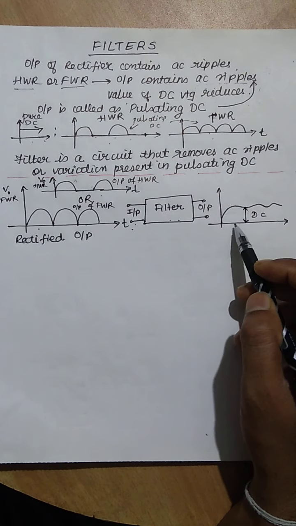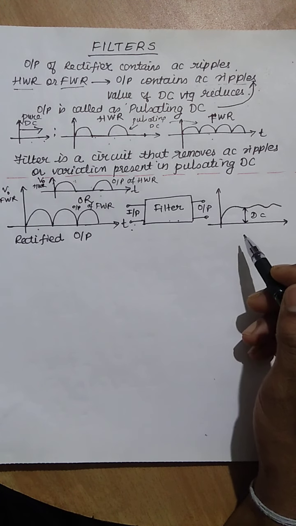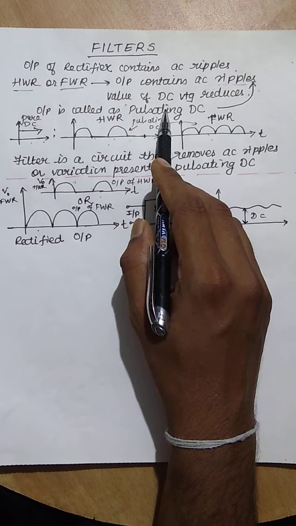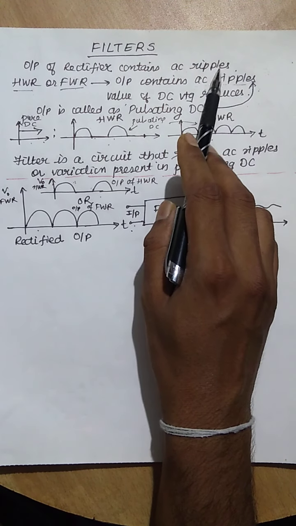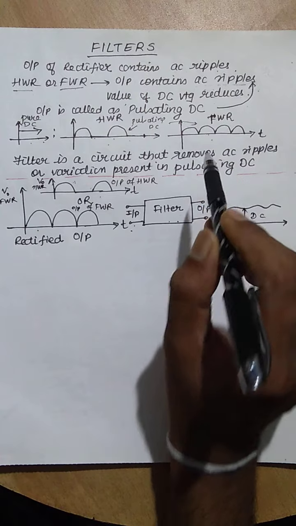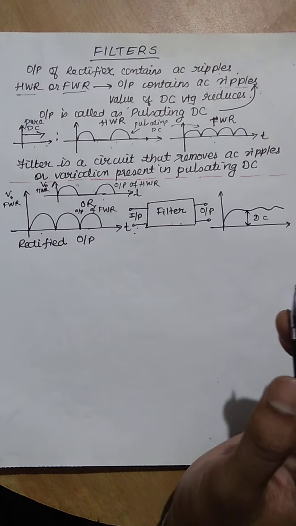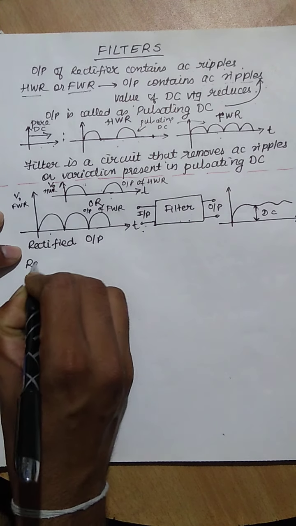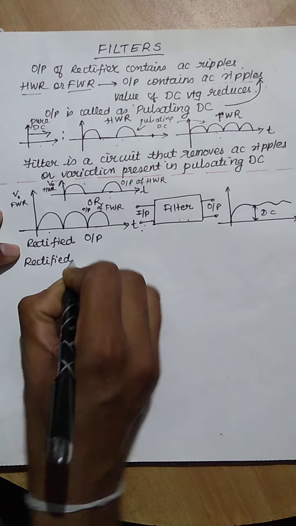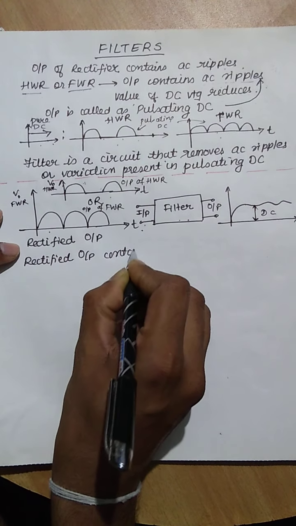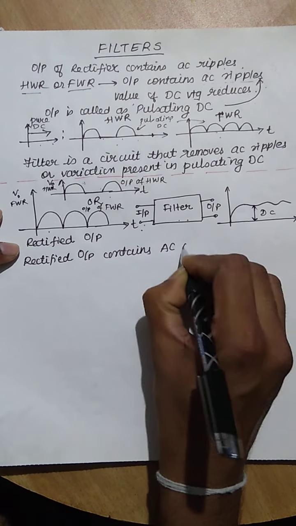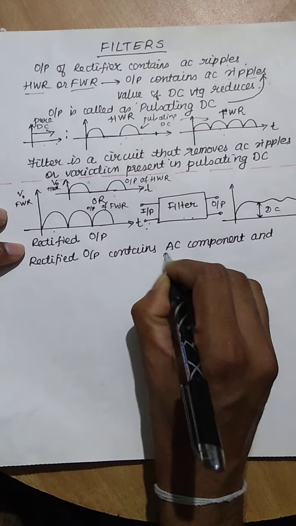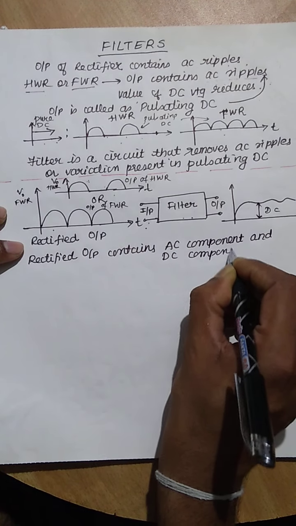So using filters, we have increased the DC value, the DC component. So pulsating DC means the output of a rectifier, it contains AC ripples along with DC. So I will repeat one thing, that rectified output contains AC component and DC component.